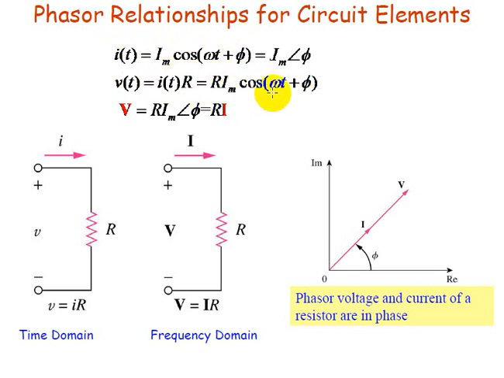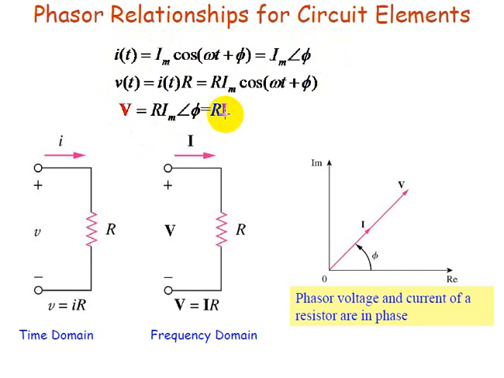If you convert the whole term into phasor form, you get R Im angle phi. Interestingly, for voltage you have R Im angle phi, where R Im is the amplitude of the voltage, and for current you have Im angle phi. Both current and voltage have the same angle, which is phi.